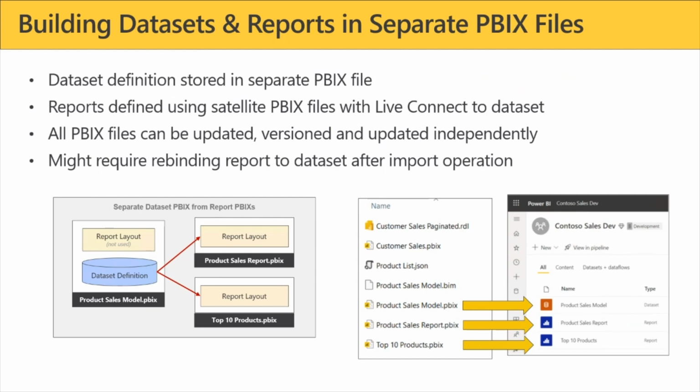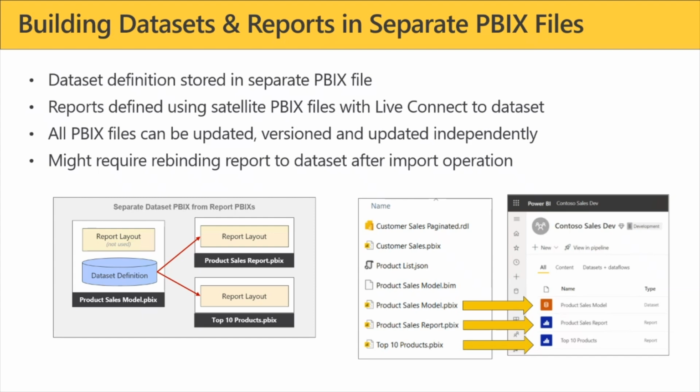So basically you start creating other very small PBIX files, kind of like satellite PBIX files. They just connect to a dataset with Live Connect. And that now gives you the opportunity to have one dataset author and 3 different report authors all be independent of one another, being able to push out changes and roll things back.